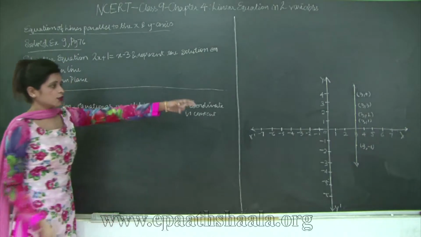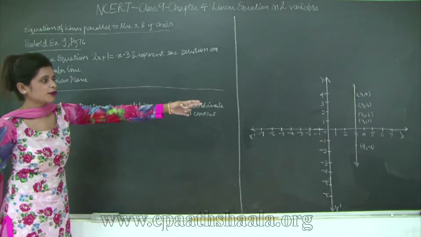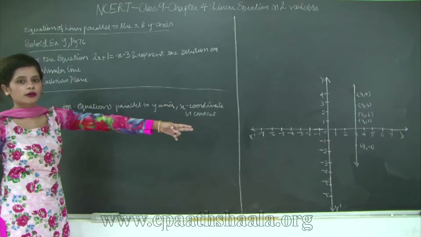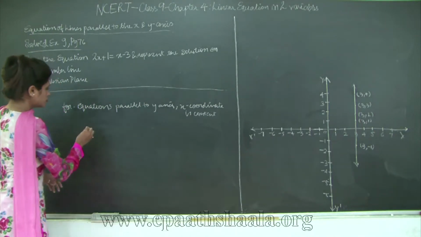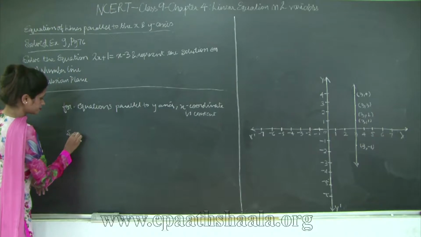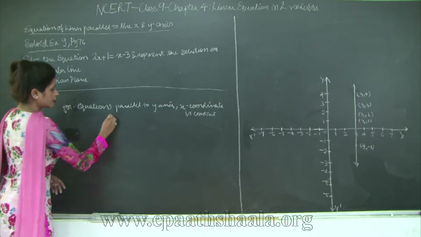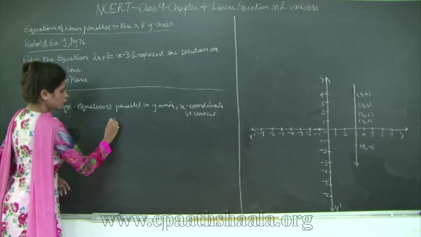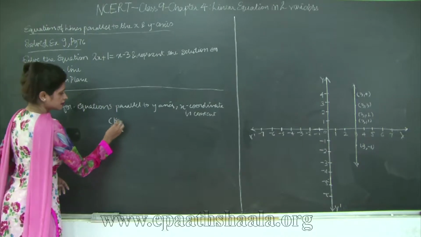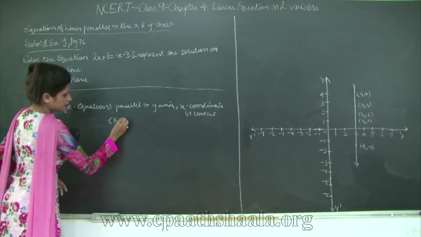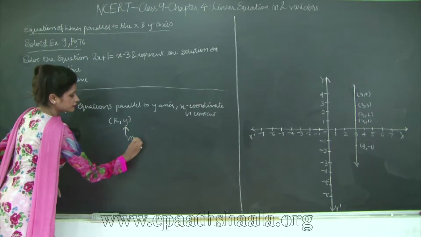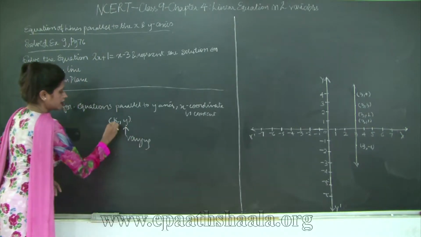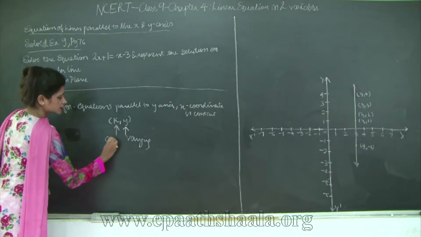Here we have the example 3, 4, 3, 3, 3, 2, 3, 1, 3, minus 1. So we can represent this as some constant k, and the y coordinate will be varying while this coordinate remains a constant.